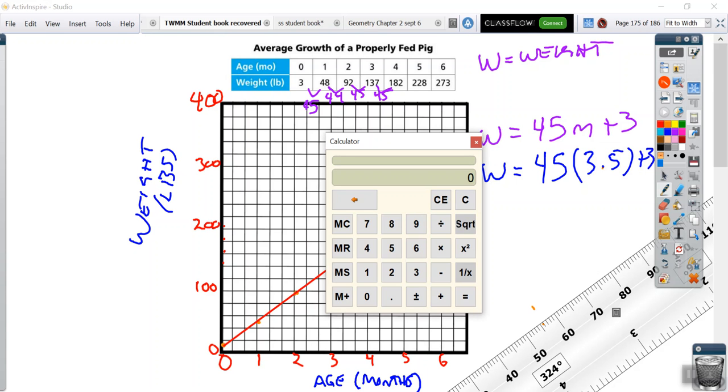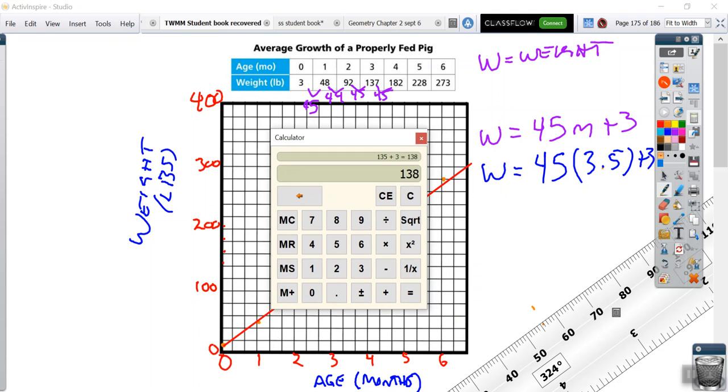So I'm going to pull up my calculator. I'm going to go 45 times 3.5. I'm going to get 135 plus the 3 pounds at birth. And so I'd expect the pig to weigh 138 pounds at 3.5 months. Well, what about 7 months?